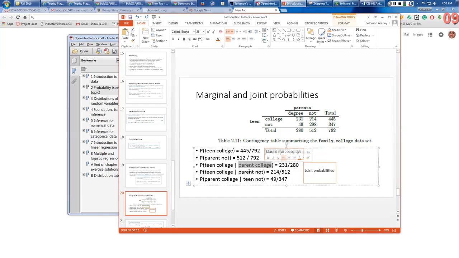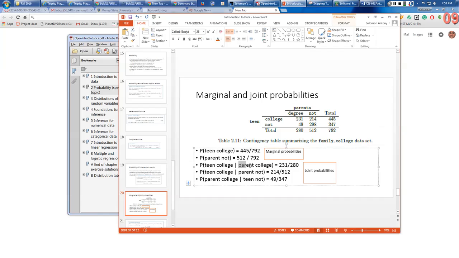The second part tells you which column to look at. So parent college is the column I want to look at, in this case 231, 49, 280.